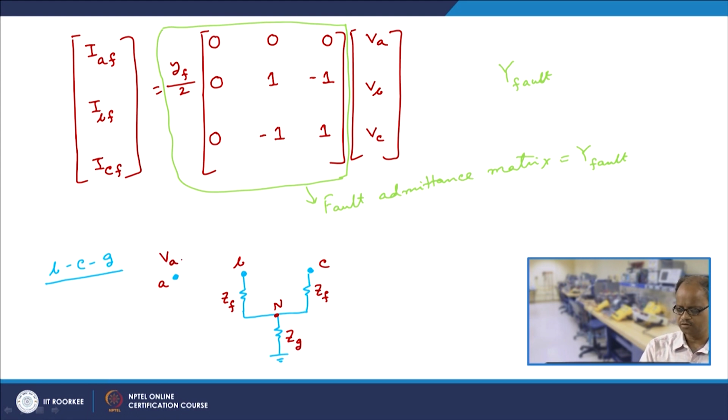This has voltage VA, voltage VB, voltage VC, and as usual IBF, ICF, and this current is 0.